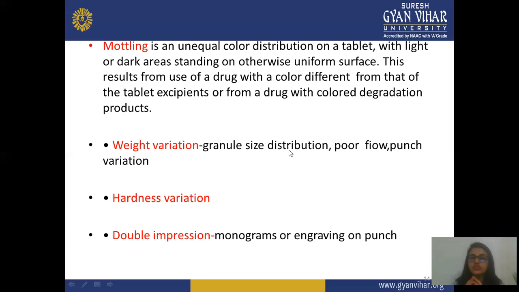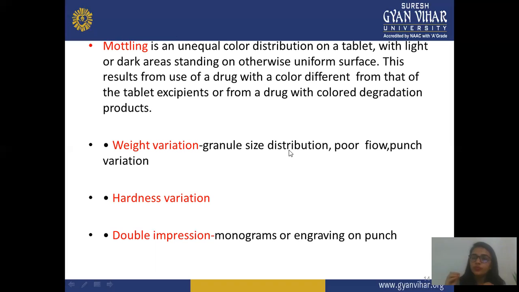Next is double impression. In double impression, you can say there is a monogram or engraving on the punch. And this is not for all types of tablet. Suppose you're formulating a specific type of tablet, or you want to make a unique tablet. In this condition, we engrave, or put a certain symbol.